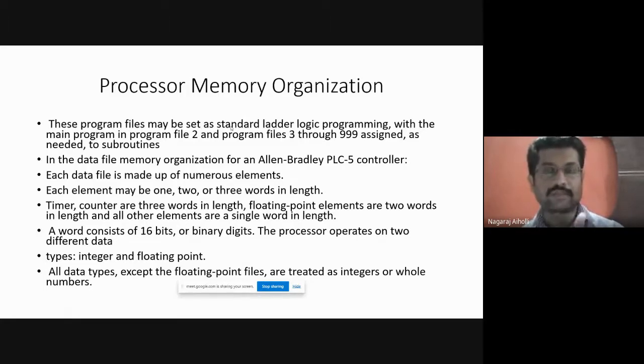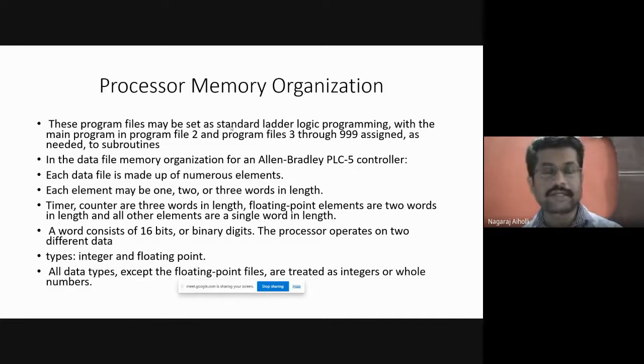One word usually consists of 16 bits; a byte is 8 bits. Timers and counters are made up of 3 words in length, that means 16 times 3, 48 bits according to our convention. Whereas floating point numbers means real values.